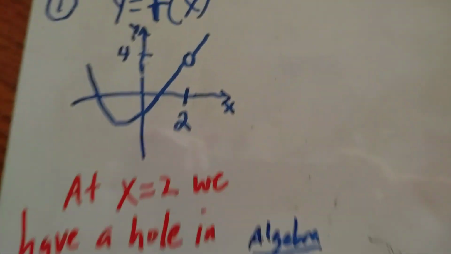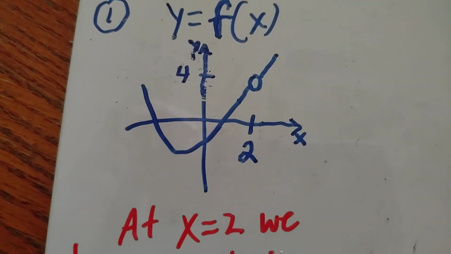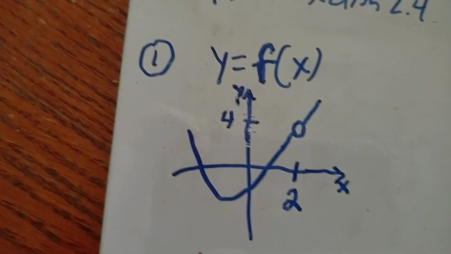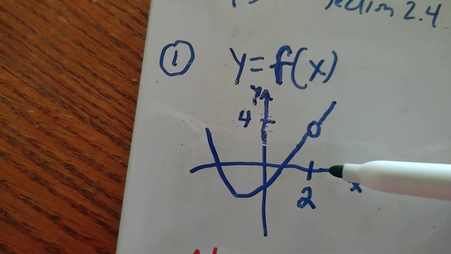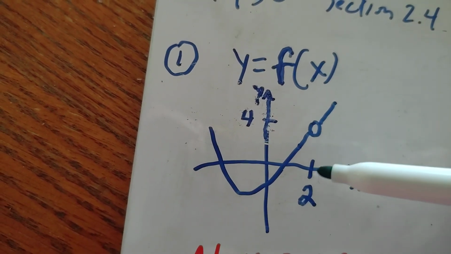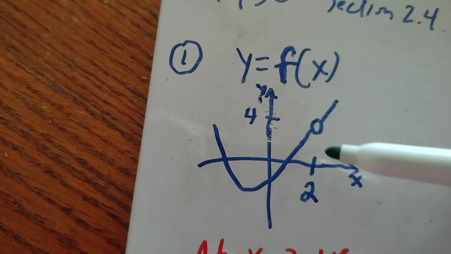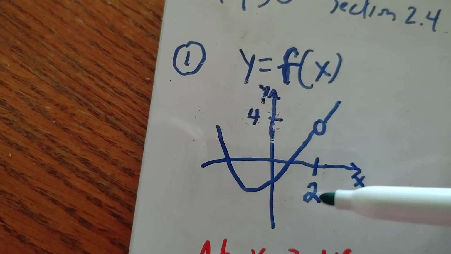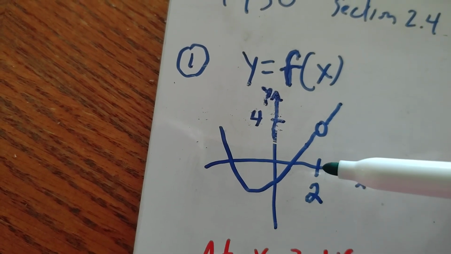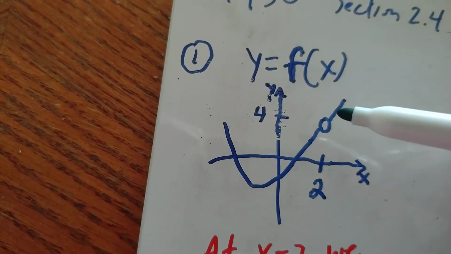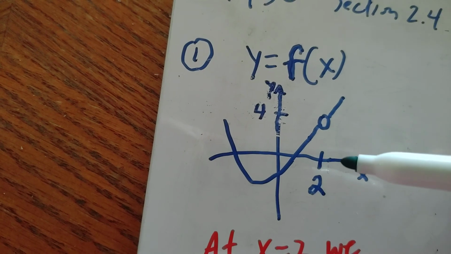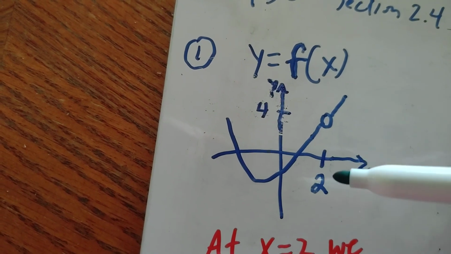To truly understand the limit as x approaches 2 for this function, I want to approach 2 from the right-hand side, get closer and closer to 2, and look at these outputs for y. Limits are all about, as you approach some number x, what is y approaching?